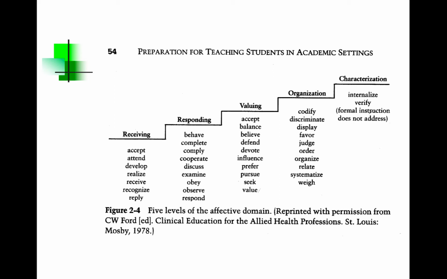And in the affective domain, they have to accept and be motivated to make that change, understand that it is important, cooperate, discuss and defend the activities. You need to value it.